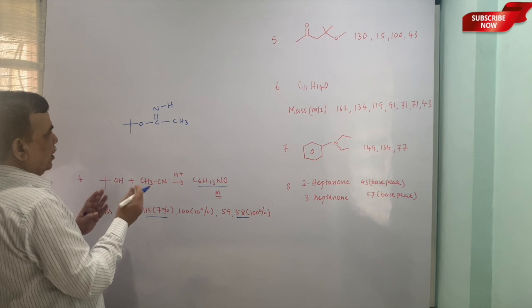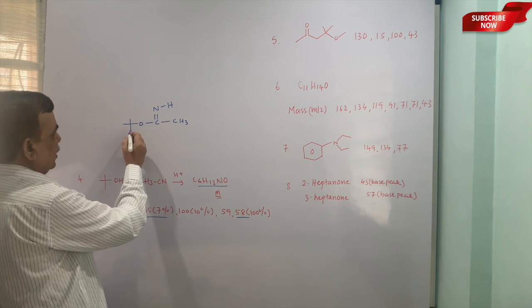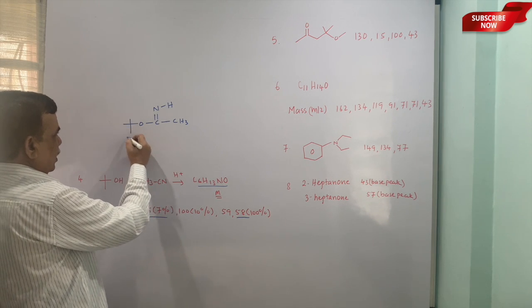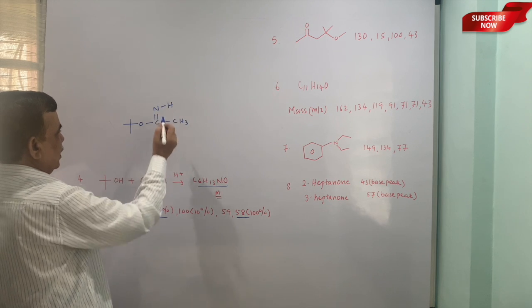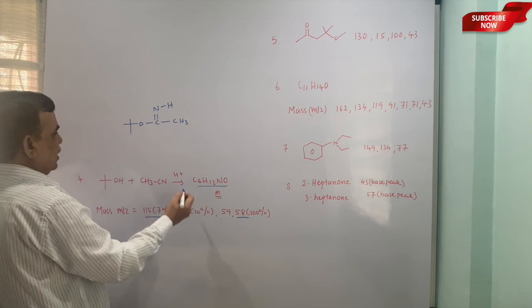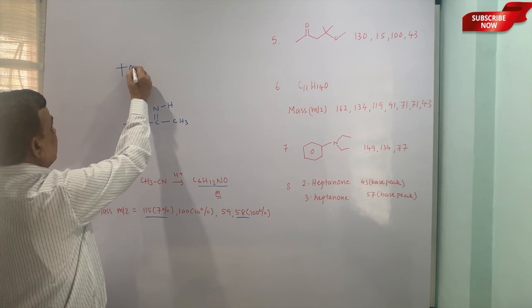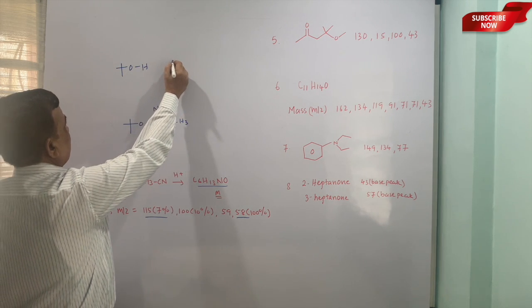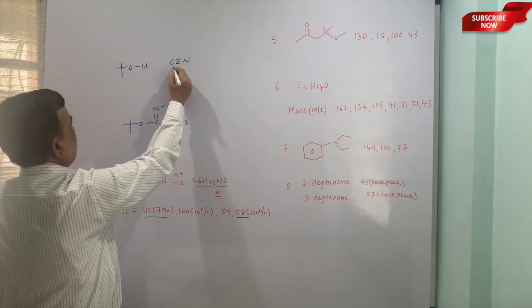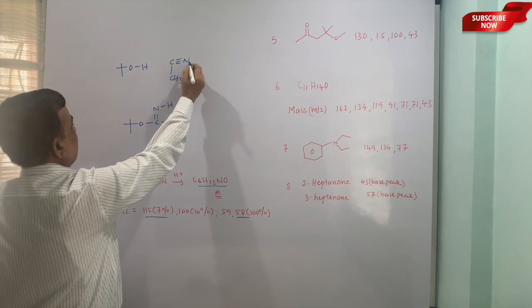I am just balancing things: 9 hydrogens, 12 hydrogens, 13 hydrogens. This is the intermediate. Now how to show it? You can show it like this. Then it will be C triple bond N CH3.